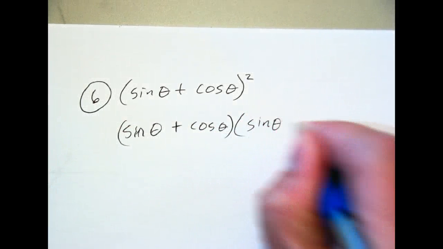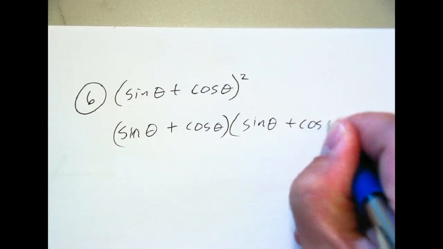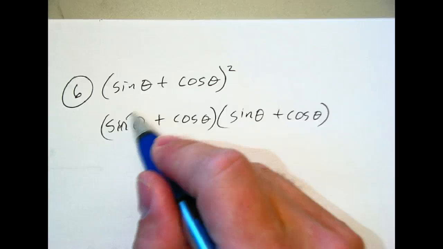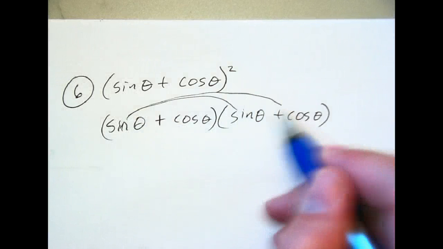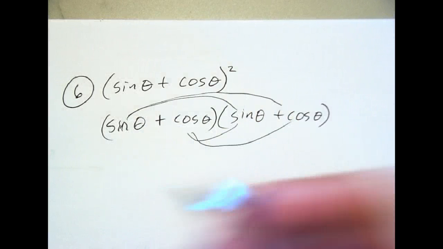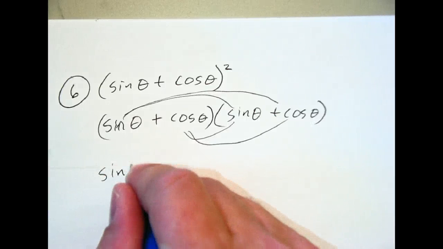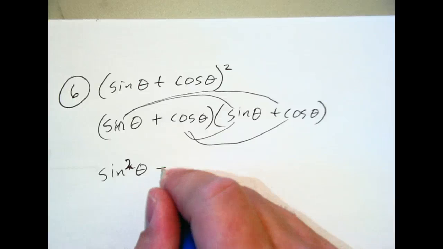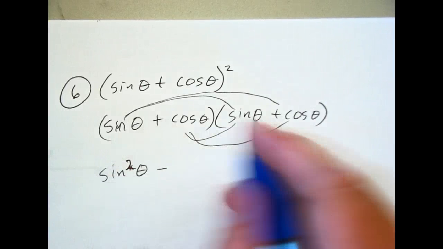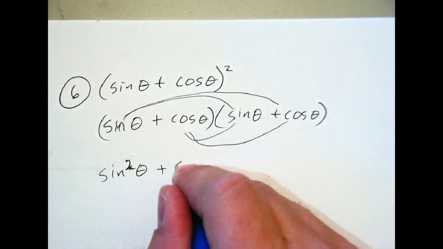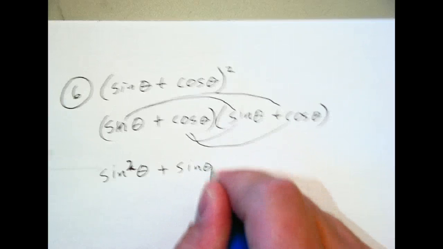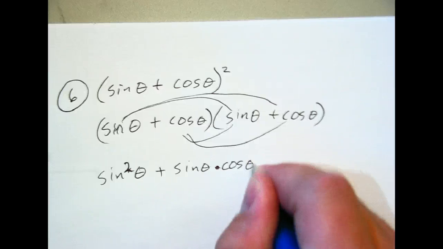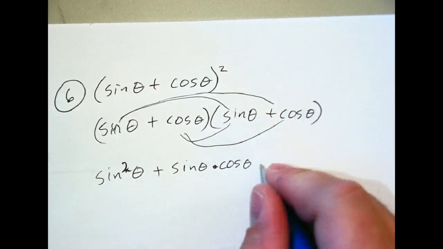And some of you right away will come up with, oh man, that's no fun. Some of you call that FOIL. I like to think of it as distributive property. Whatever you want to call it, it may not be as much fun as you want. So you get sine squared plus sine times cos plus cos squared.